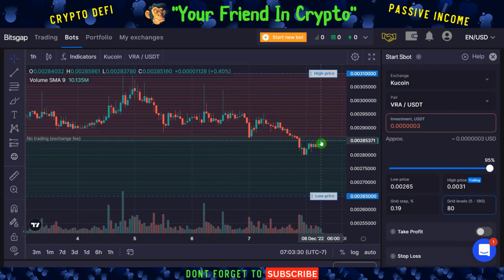spot grid trading is you set up a grid of sell orders and buy orders. This is your grid. You pick a low price and you pick a high price, and anywhere above the current price, these are sell orders. Every one of these little lines right here is a sell order.